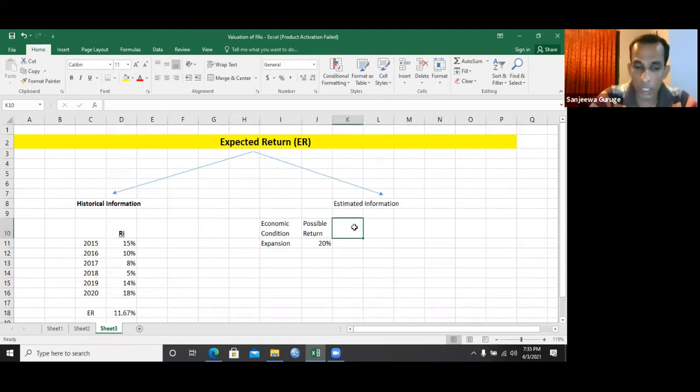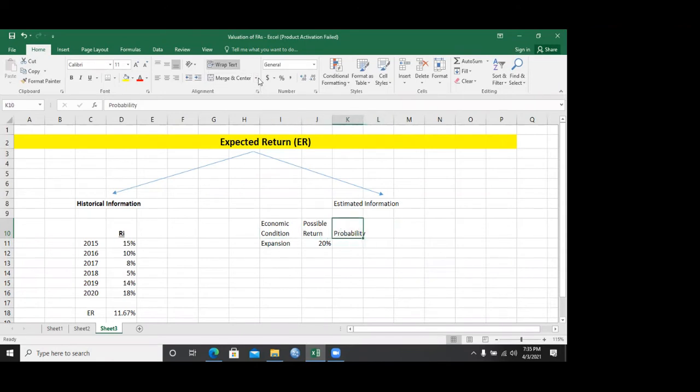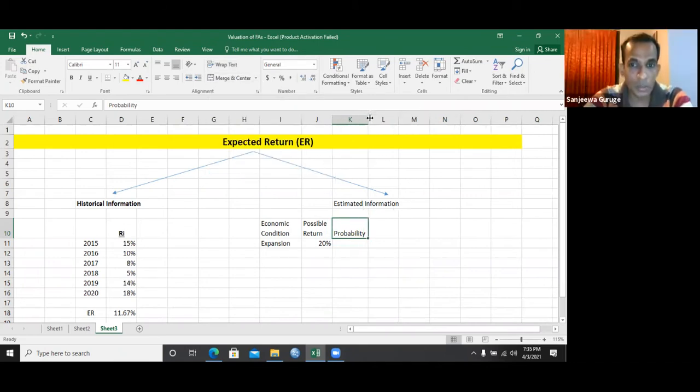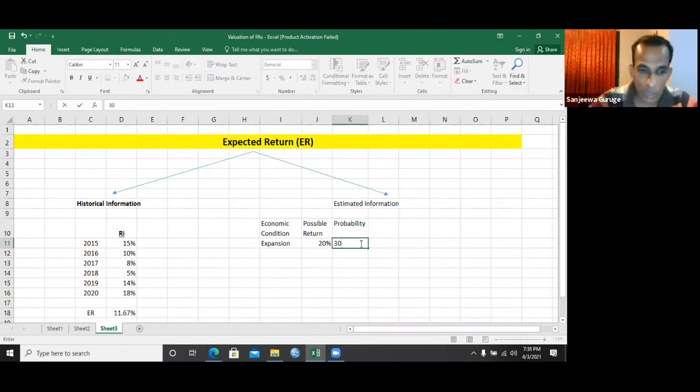Then what is the probability of having economic expansion? Is there a 20% chance? A 60% chance? So what is the probability? If that is the probability of 30%, for example.